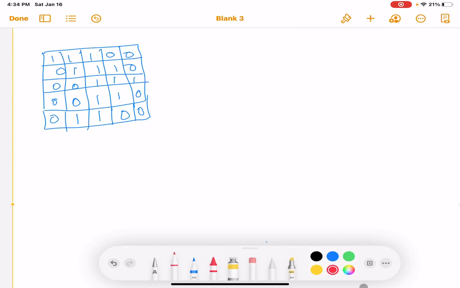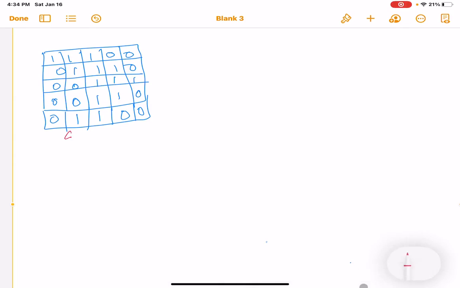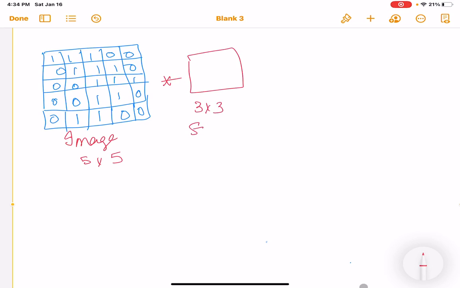Let us consider that I have an image, and this is a 5x5 image, and I'm performing a convolution operation with the help of a 3x3 filter, which we also call a kernel.